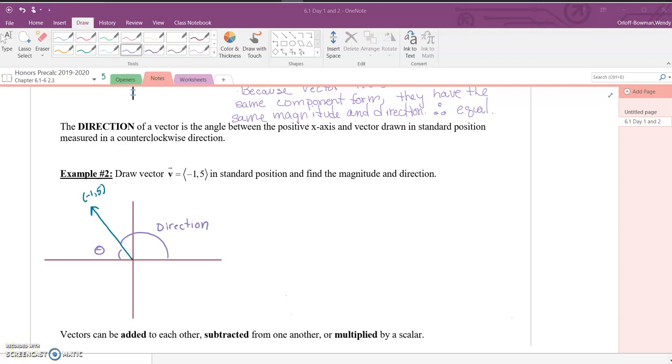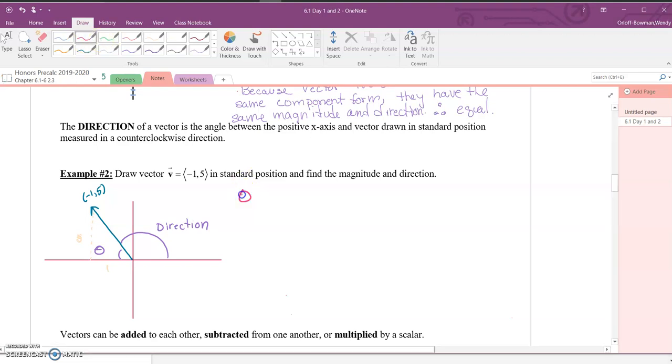So I've drawn my vector, and I've indicated what the direction is, and I've even indicated theta as my reference angle. And as we know from our previous unit, we can go ahead and use right triangle trig to find theta. So I'm going to make sure that I use a positive ratio to guarantee that I have a reference angle.